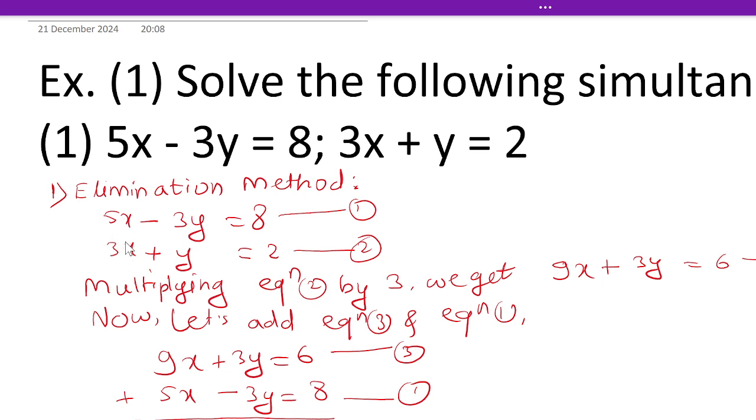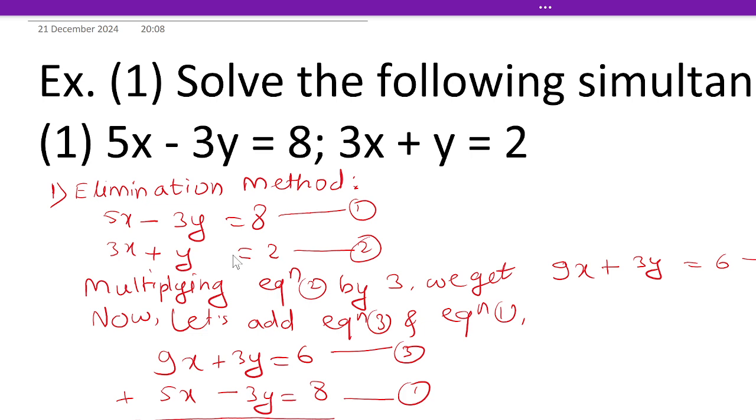So both are like terms, but their coefficients are different, so we cannot cancel out by adding or subtracting. Similarly, if we focus on the y terms of both equations, in the first equation my coefficient is minus 3 and in the second equation my coefficient is 1. Here also the coefficients are not the same.